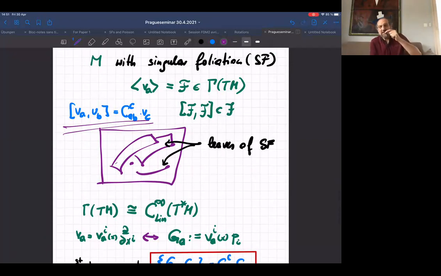And then we can add anything to C^A_BC which is 0. For example, in the angular momentum situation, I can add anything proportional to X^C, because the V_C were these rotations, and if we contract with X^C, this is 0.